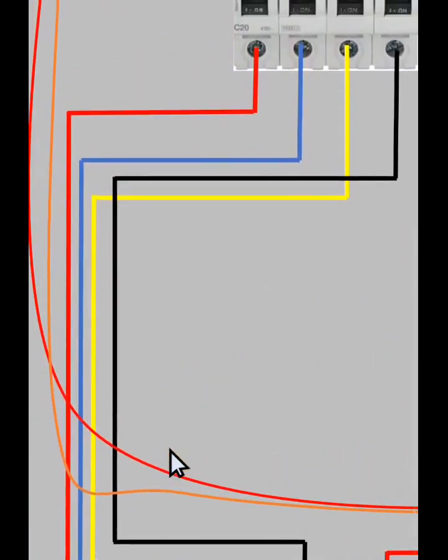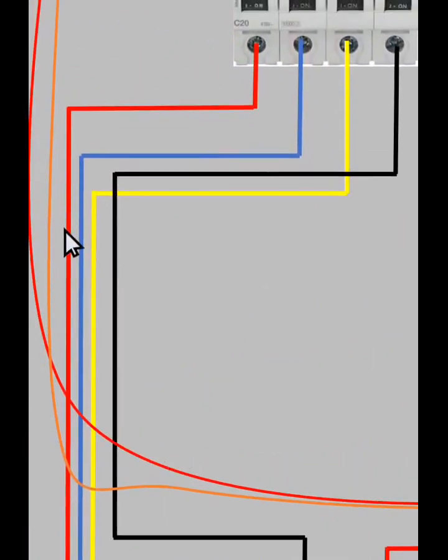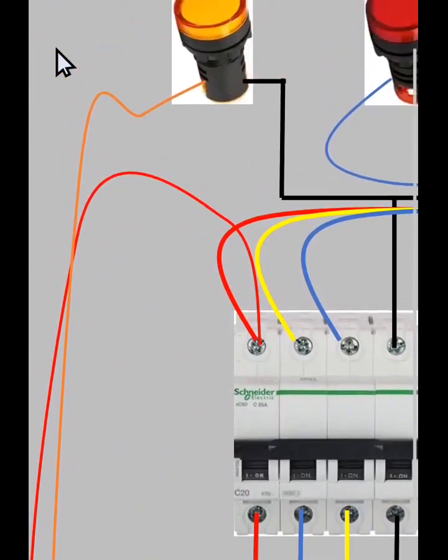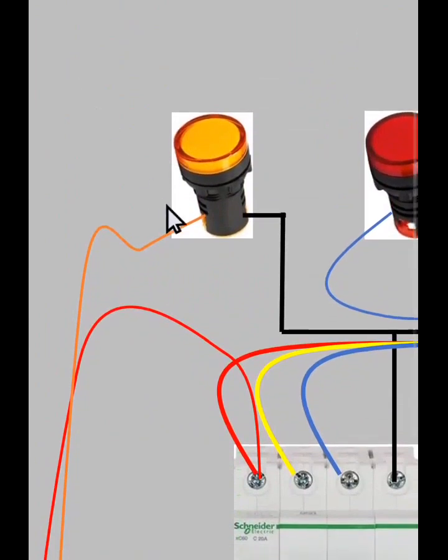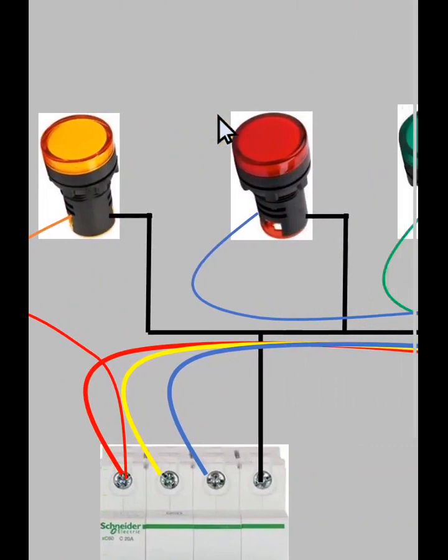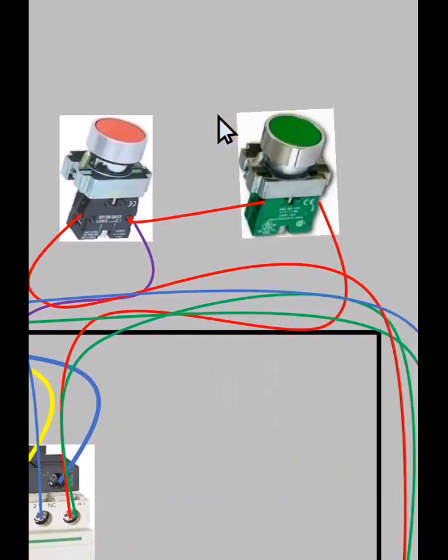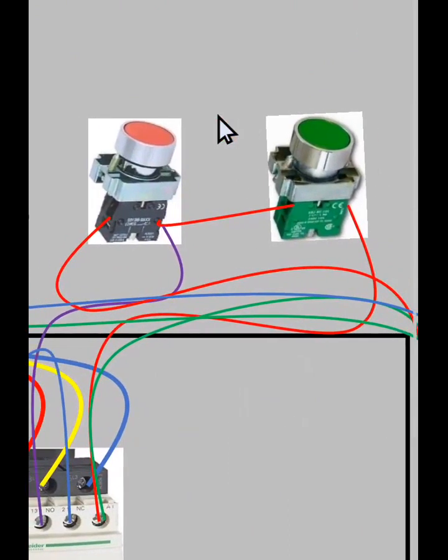Let's see where it goes. So that's it. You see, this is our trip light. So when you follow it, you will see it is in line with our circuit diagram.